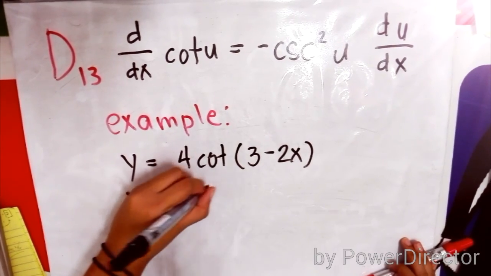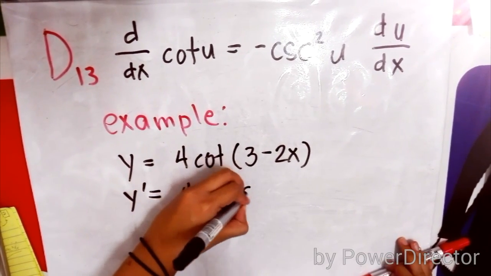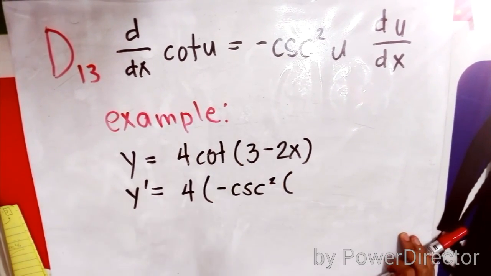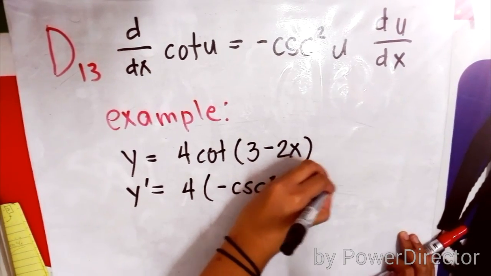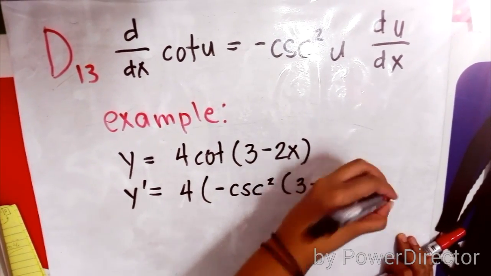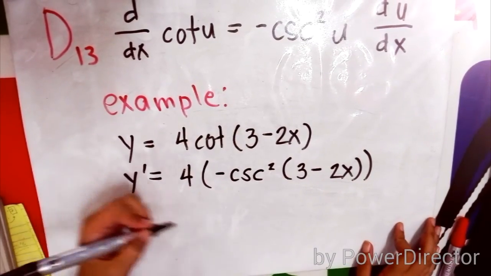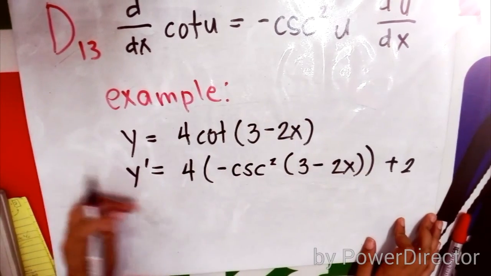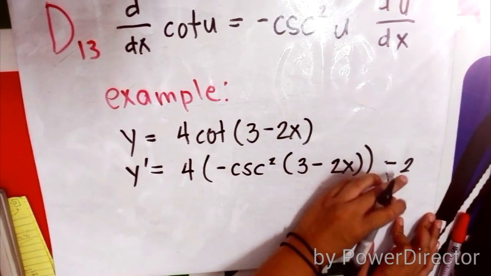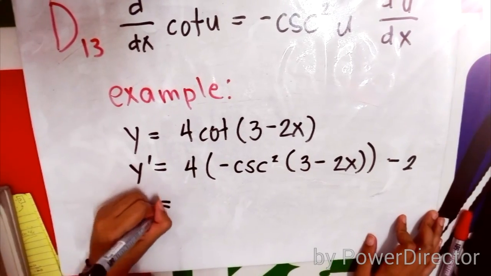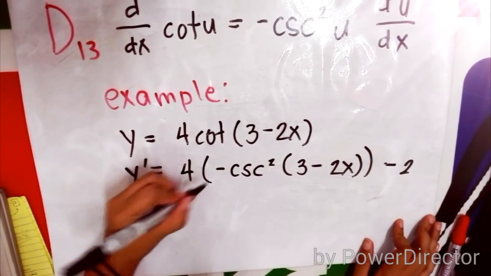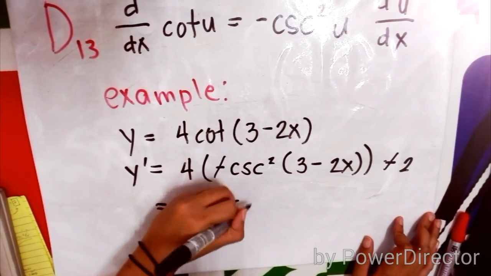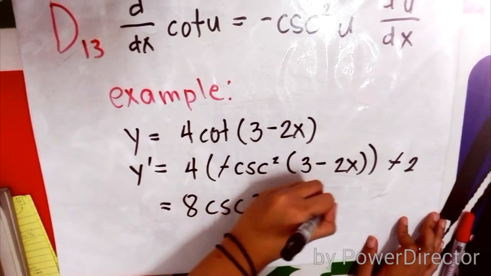To find the derivative, we have 4 times negative cosecant squared times 3 minus 2x, times the derivative of 3 minus 2x, which is equal to negative 2. So, cancel the negative signs. We have 8 cosecant squared times 3 minus 2x.